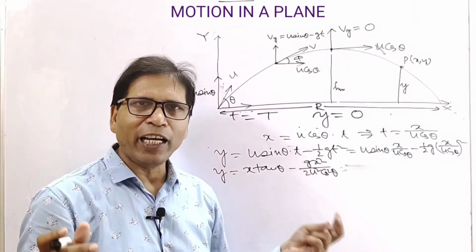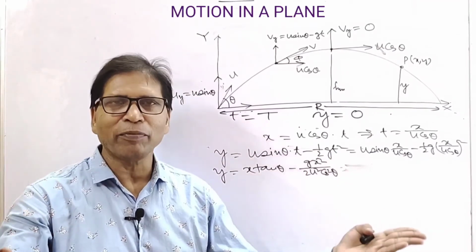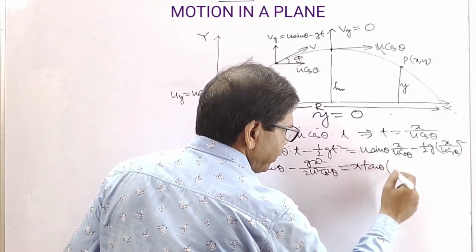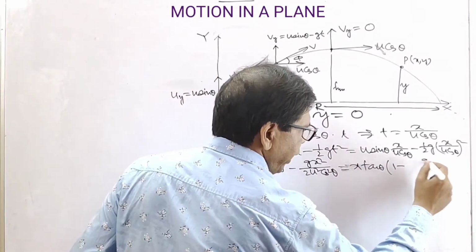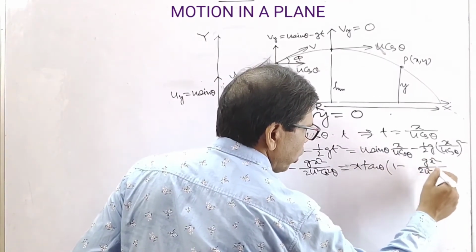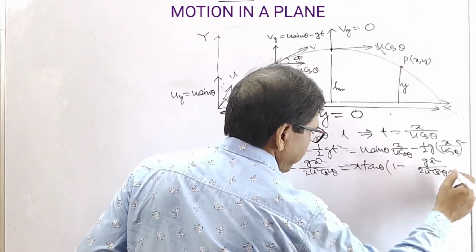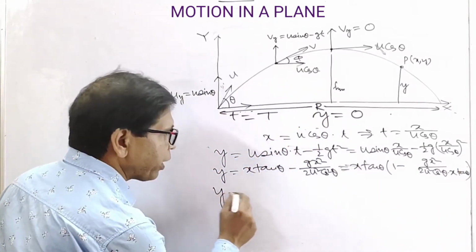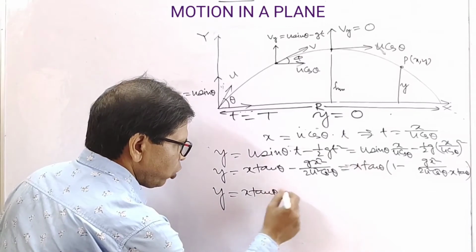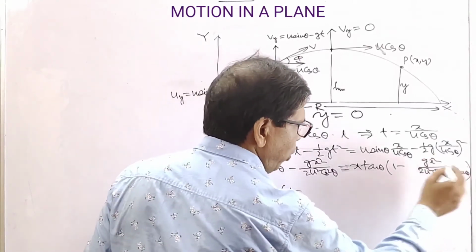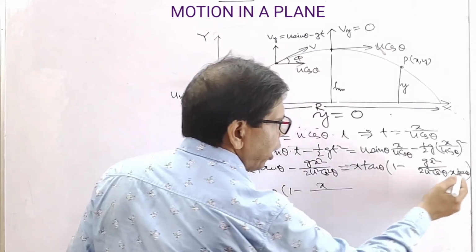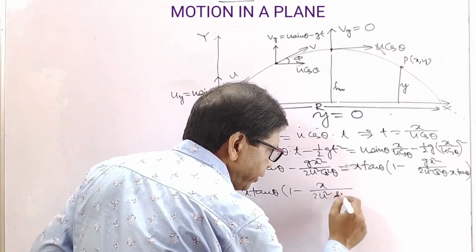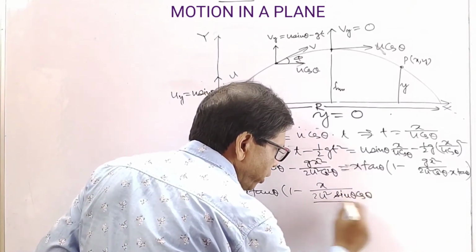Now we can express the equation of trajectory in a simpler form. Taking x tan theta common, this equals x tan theta into 1 minus g x square divided by 2 u square cos square theta into x tan theta. Now y becomes x tan theta into 1 minus, x cancels out, so x divided by, tan theta is sin theta by cos theta, x divided by 2 u square sin theta cos theta divided by g.